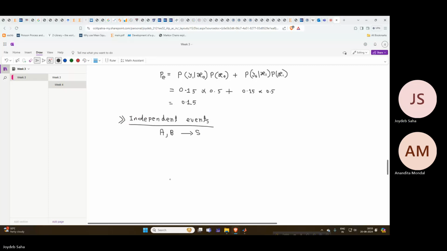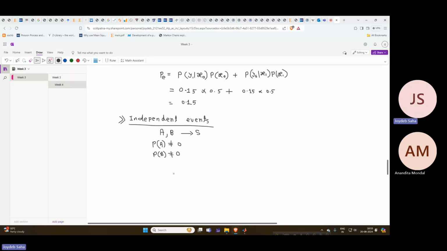And if occurring of any event, so let us write first probability of A not equal to 0, probability of B not equal to 0. This is first condition. What is the second condition?